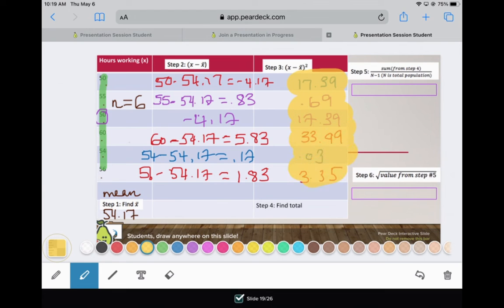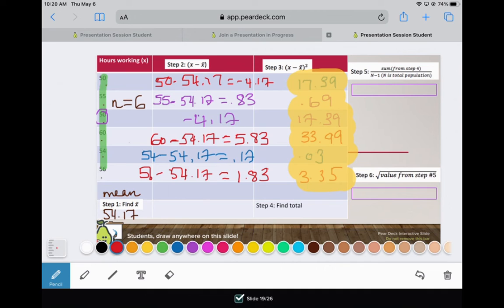This is step 3. When I get to step 4, what I would do is add everything in step 3, which is the one that I just highlighted in yellow. So this is step 4. I'm just going to add them up.